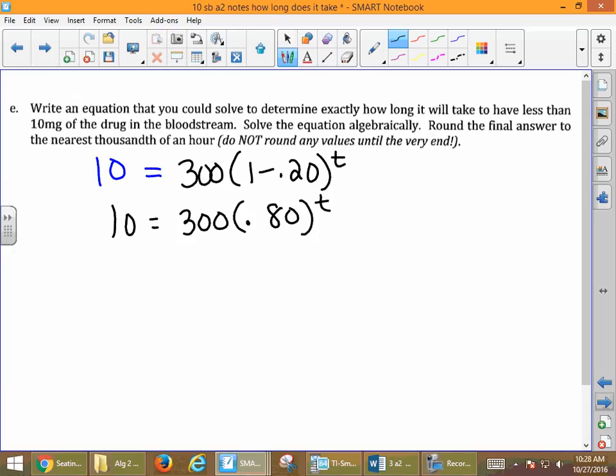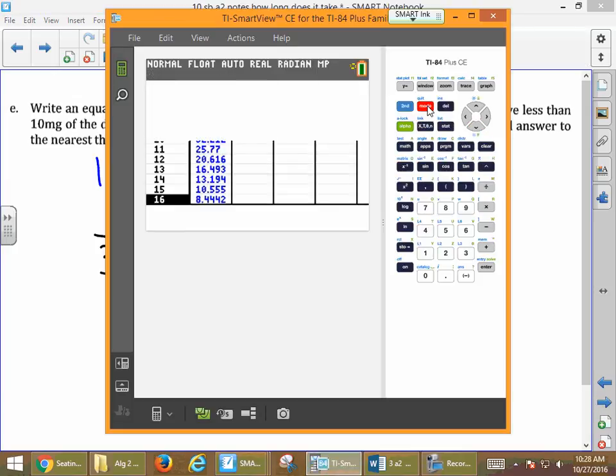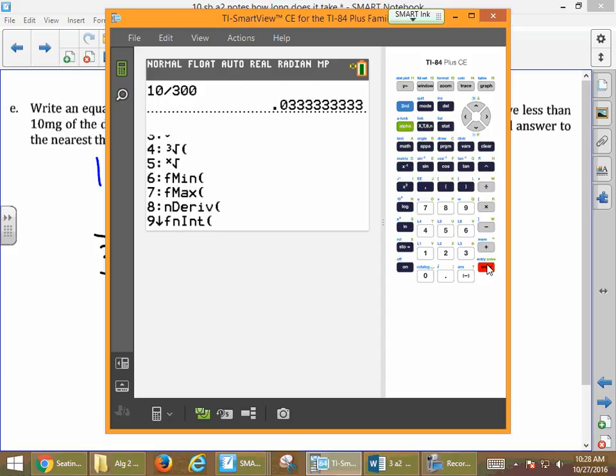In order to solve this problem, we need to isolate the variable. We're going to divide both sides by 300. But notice, if we type in 10 divided by 300, we're going to get a big long decimal. Now we could simplify that fraction a little bit by hitting math, enter, enter.